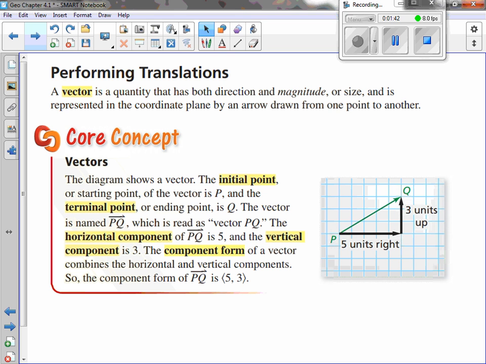So for the vector that they gave, PQ, the initial point where it started is point P, the terminal point is point Q. So we'll name it as PQ with an arrow or a ray starting at P and pointing towards Q. Now the component form is with these two arrow brackets. The first number is dealing with the X, the second number is with the Y.